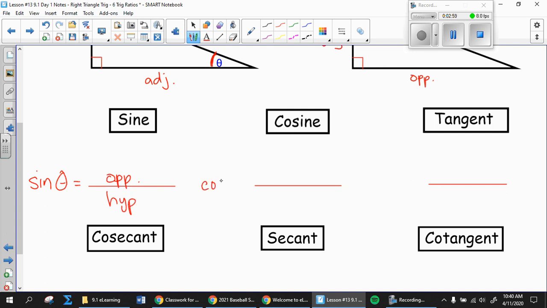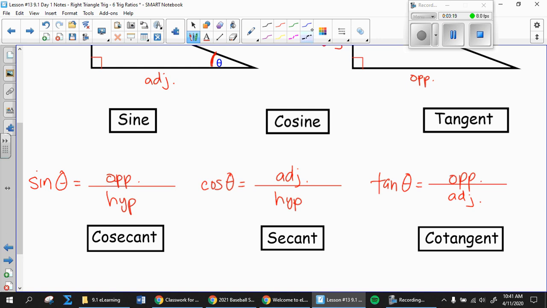Cosine, our abbreviation is COS, of our angle theta is adjacent over hypotenuse. And then tangent, our abbreviation is TAN, of our angle theta equals TOA, so opposite over adjacent.